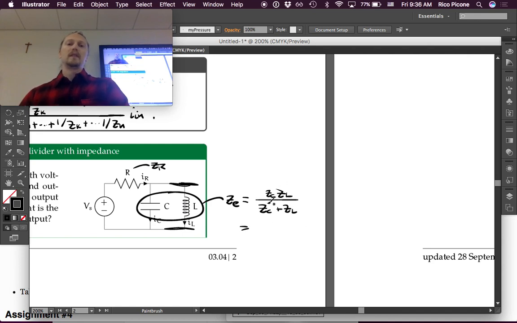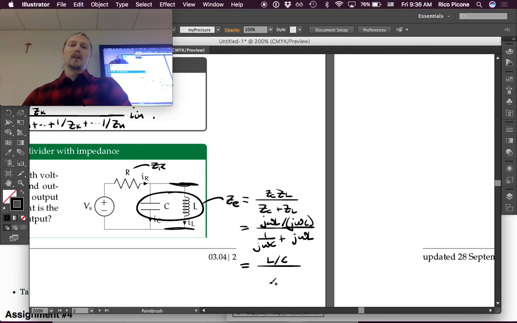So ZL is J omega L, and ZC is 1 over J omega C. Similarly, here we have 1 over J omega C plus J omega L. We can see that in the numerator these two J's cancel, and the omegas cancel. So in the numerator we just end up with L over C.